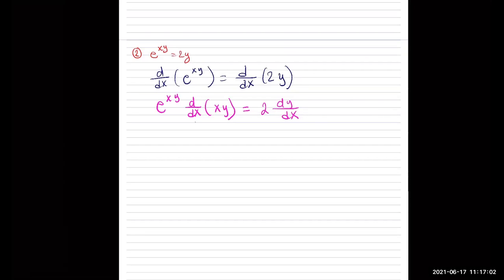So on the left-hand side, we have to find the derivative of x times y. So just as a reminder, they're multiplied, so we have to use the product rule. So we have e to the xy times the first times the derivative of the second plus the second times the derivative of the first.